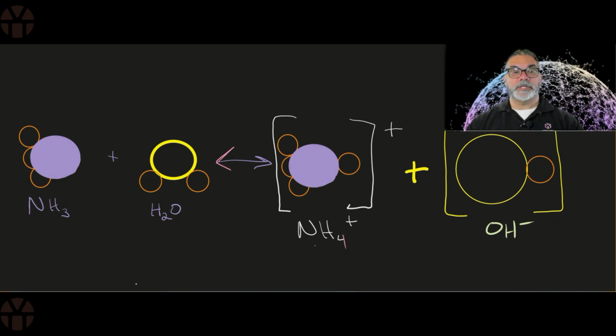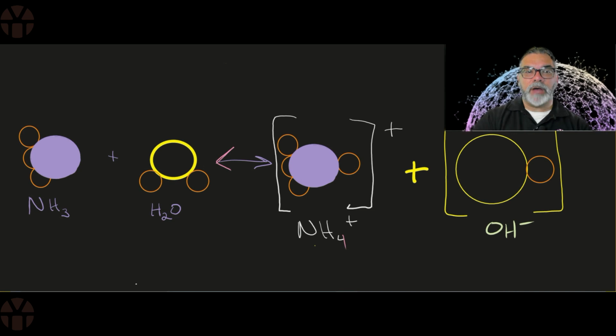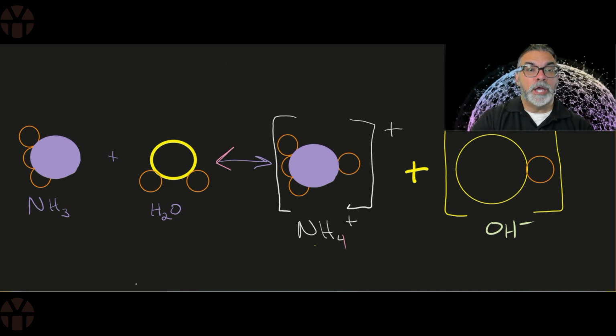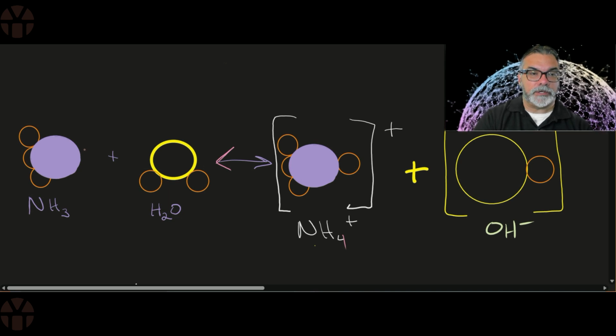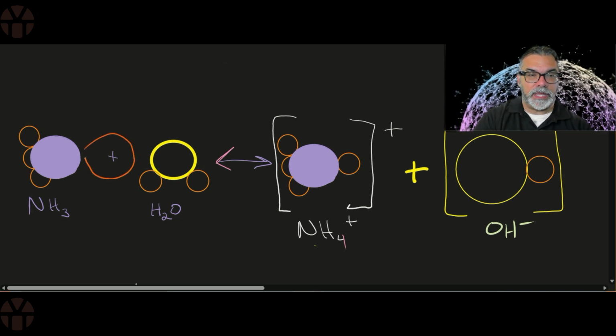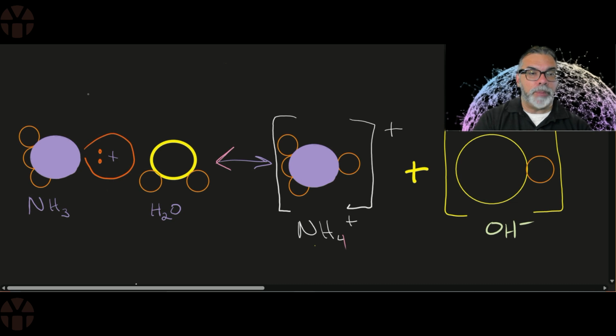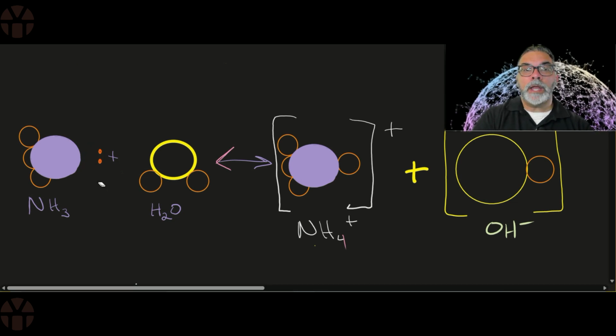So when we look at a substance like ammonia, what we find is that ammonia, just like the water molecule, has a lone pair of electrons, right? Now, what does that mean?